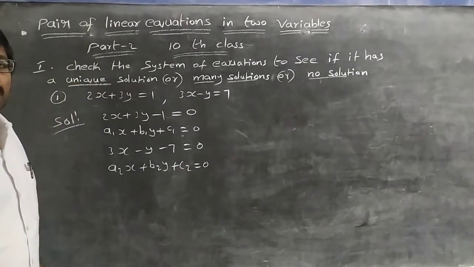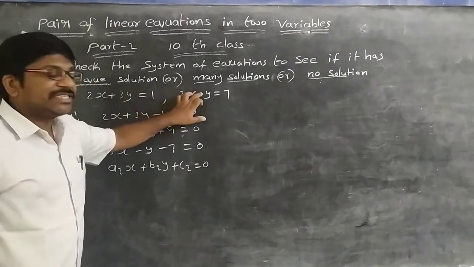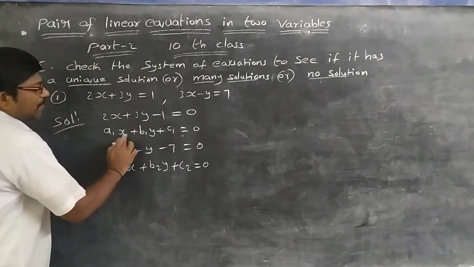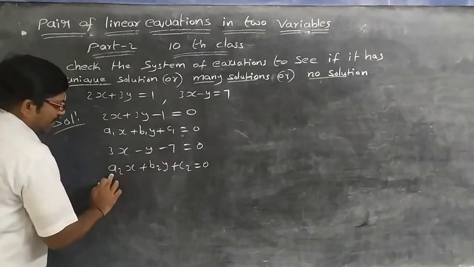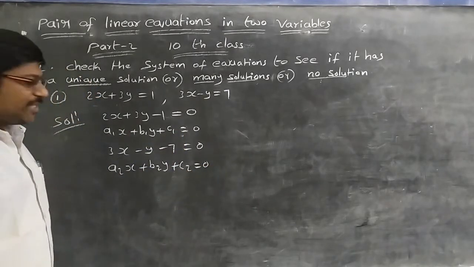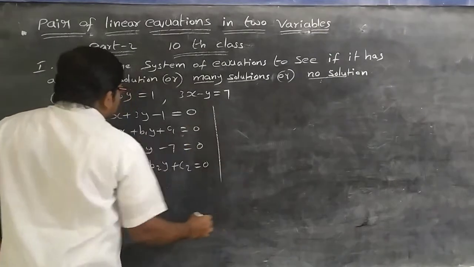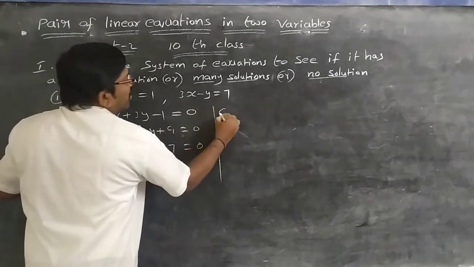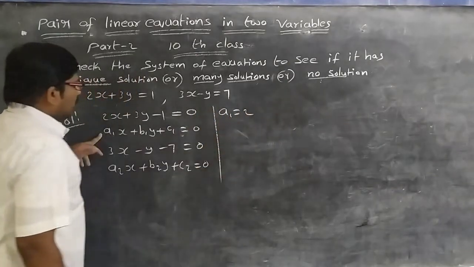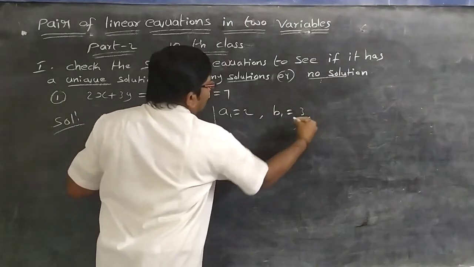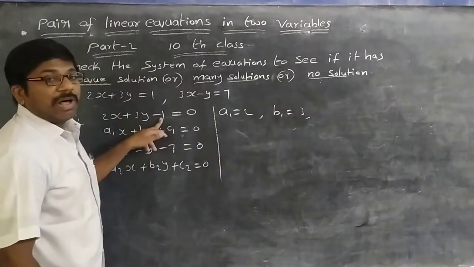So first of all, we have to write the given system in general form: A1x plus B1y plus C1, and second one, A2x plus B2y plus C2 is equal to 0. Now here A1 is equal to 2, B1 is equal to 3, and C1 is equal to minus 1.